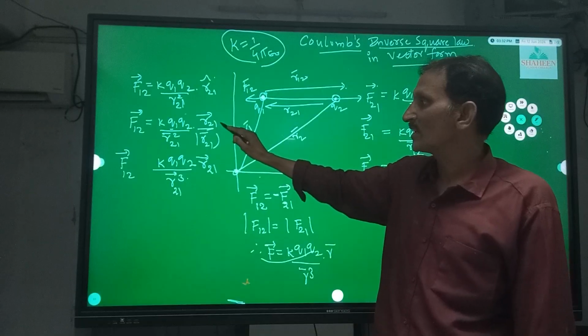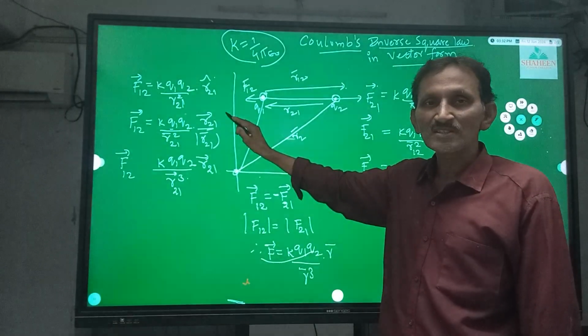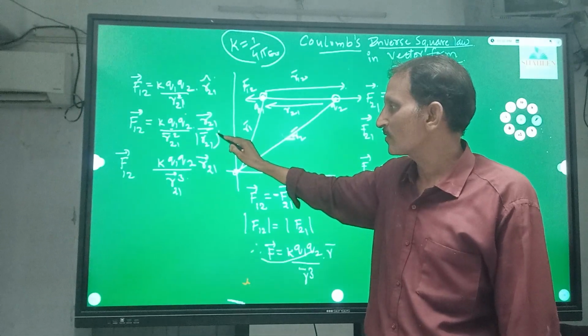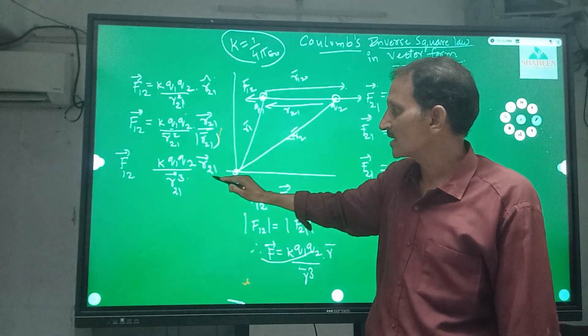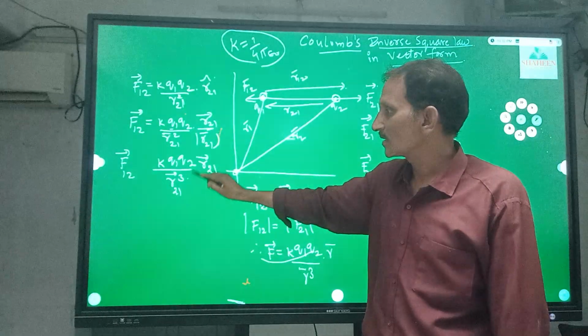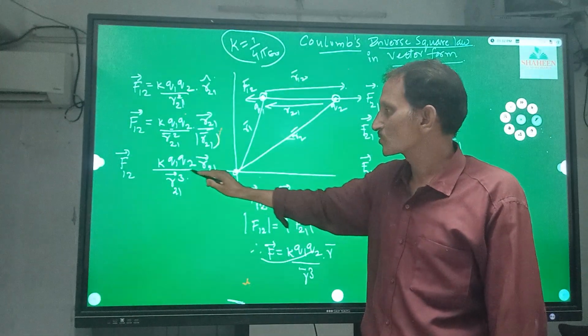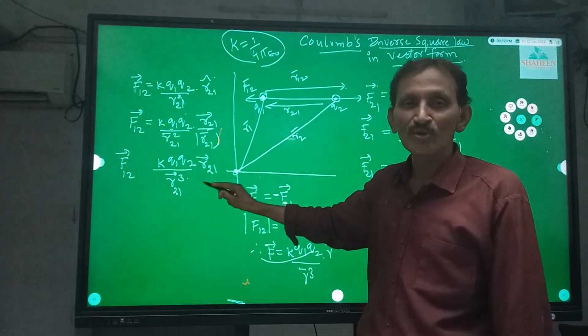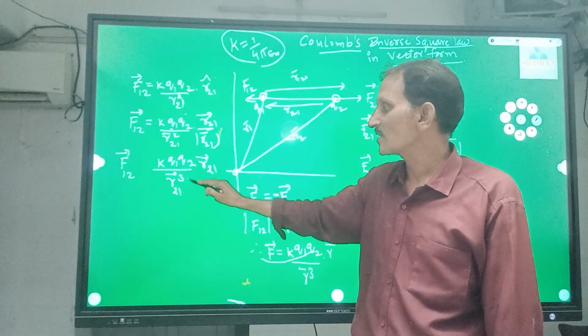The direction can be written as the vector R21 divided by its magnitude, and the square of the distance, with the magnitude taken as R.